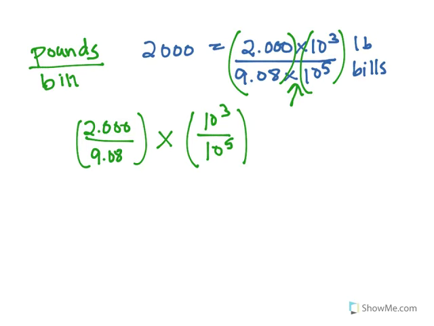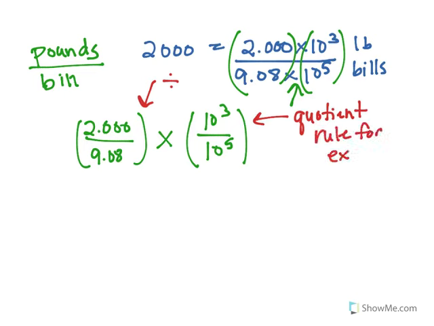So now we can do regular division here, and we can use the quotient rule for exponents over here. So the quotient rule says that we subtract our exponents.